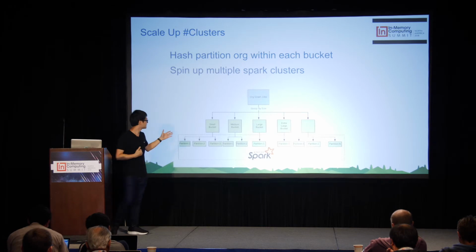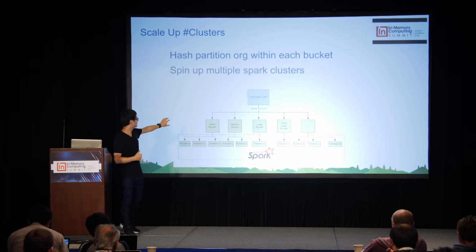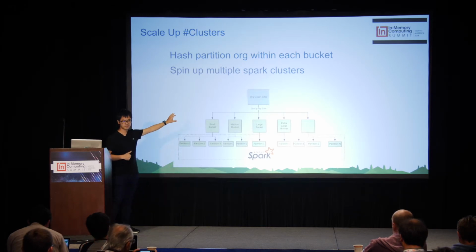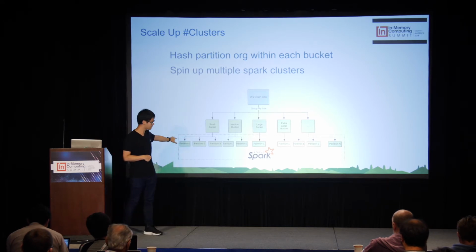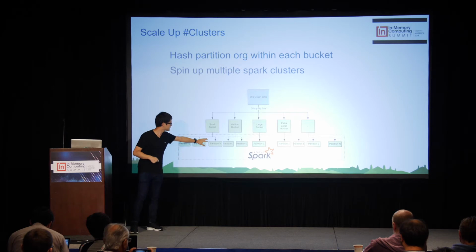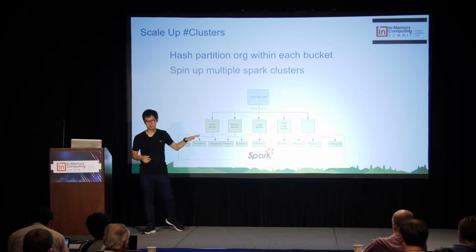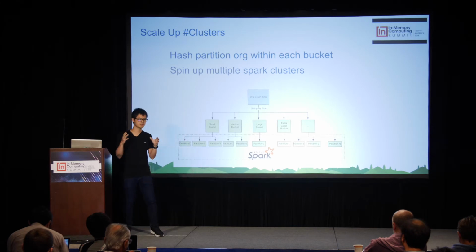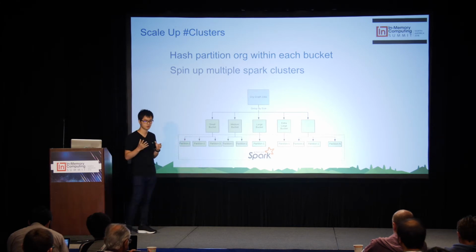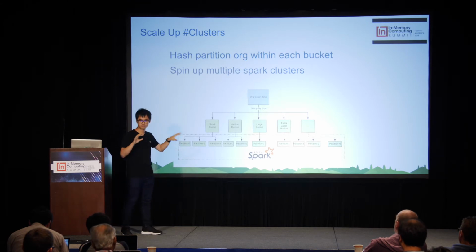So in this architecture, we first partitioned the organizations, grouping them by size into buckets. Then within one bucket, instead of creating one Spark job, we create multiple Spark jobs. Each Spark job reads a set of pre-assigned graph generation jobs, and they can run in parallel.